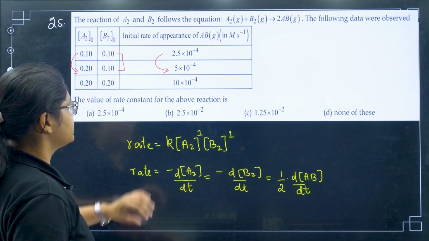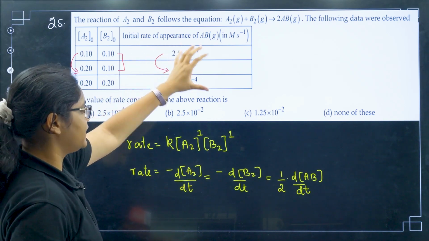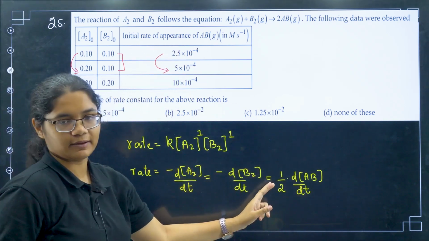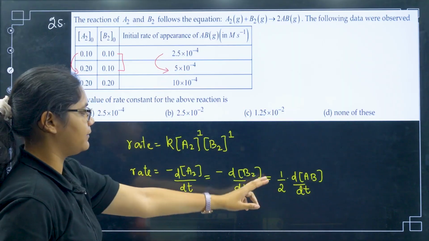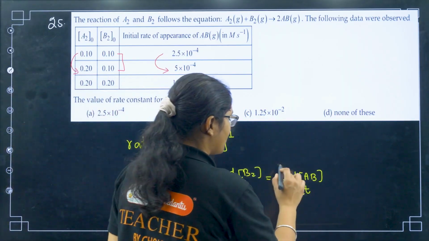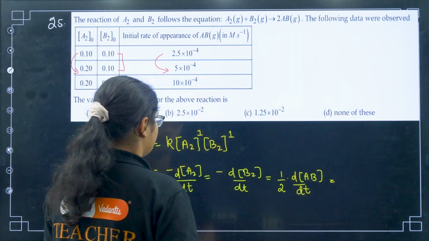Right. So this is because in the question we are talking about the appearance of AB. So what is rate here? 1 by 2 of dAB by dt, right?